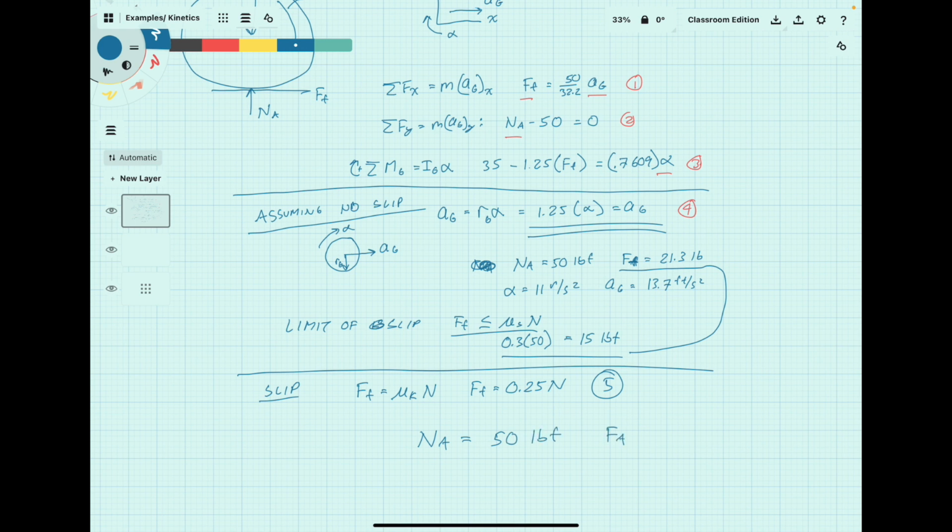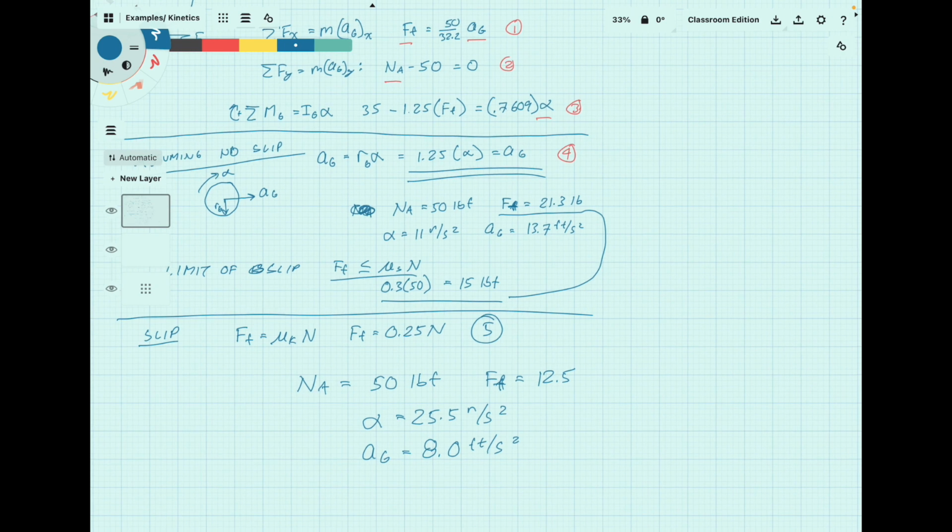Our force A, or our force of friction, now is 12.5. It's just at the limit always, because once it starts sliding, it's just sliding. There's nothing to change the value. And then alpha becomes quite a lot larger. And our linear acceleration becomes slightly smaller.